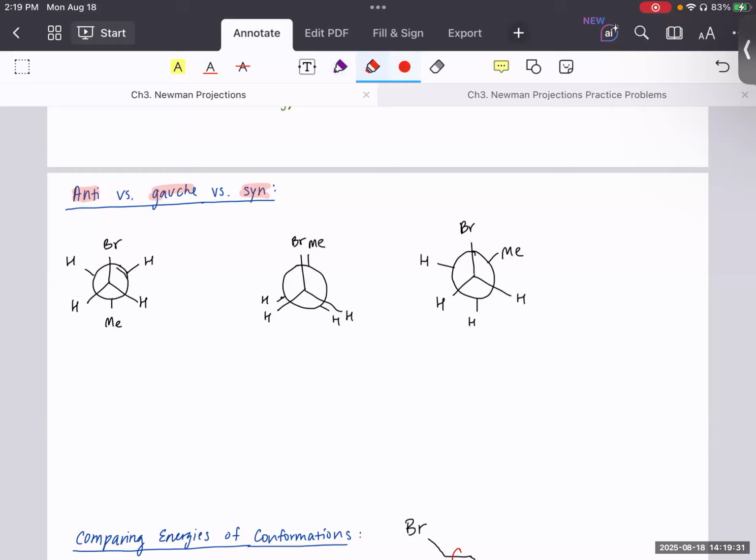In this one, the bromine and the methyl are anti because they're opposite each other. In the staggered state, if they're directly across from each other, those two groups are considered anti. If they're directly overlaid, then they would be syn. We only use syn when we're describing eclipsed structures because they have to be directly aligned with each other.